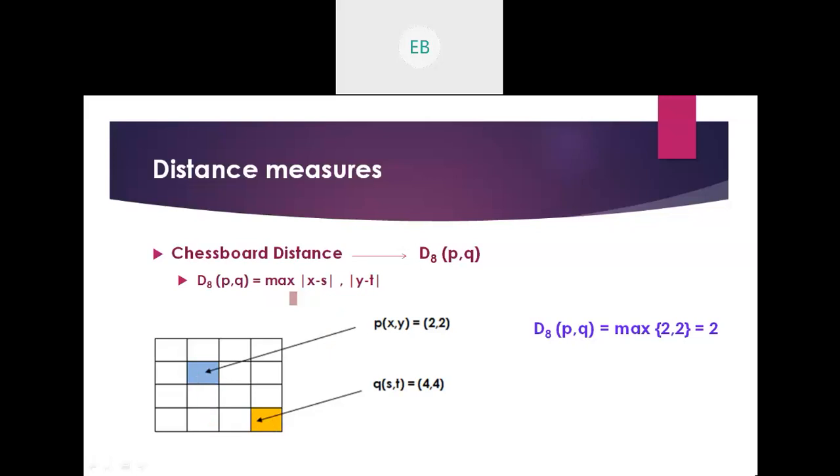From p to q, 1 plus 1 is 2, again 1 plus 1 is 2. So the chessboard distance for pq is the maximum of 2 comma 2, and the maximum of 2 comma 2 is 2 only.